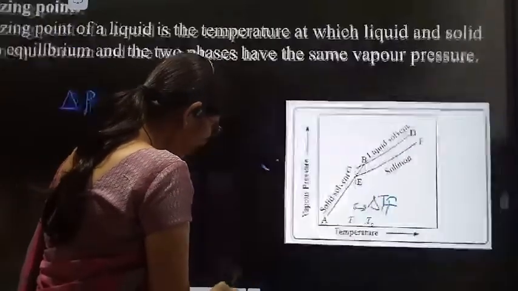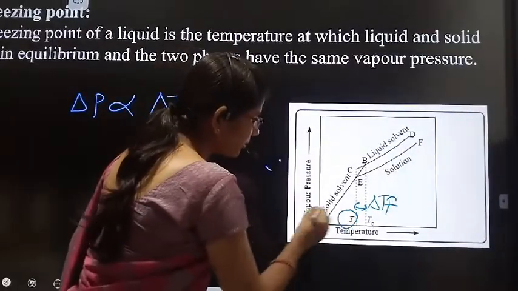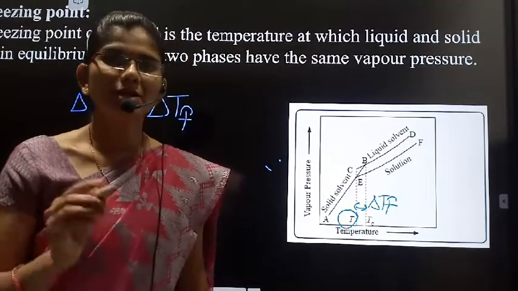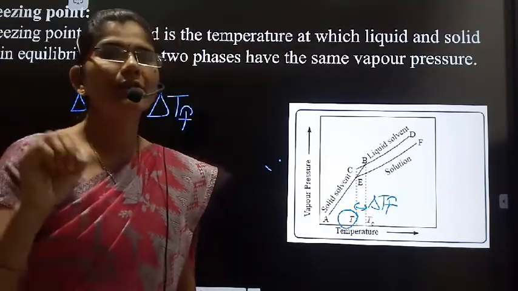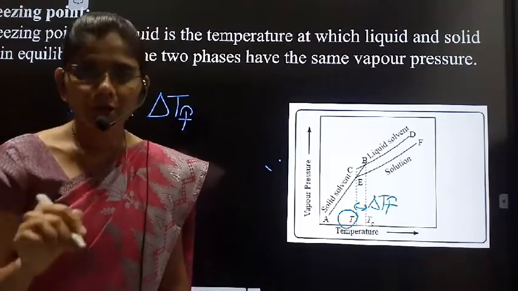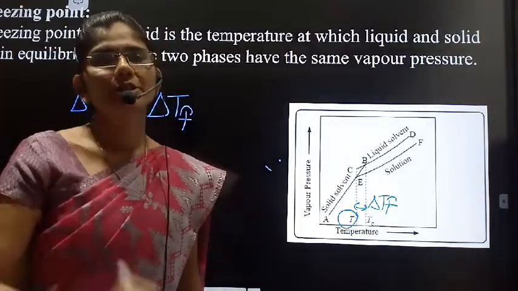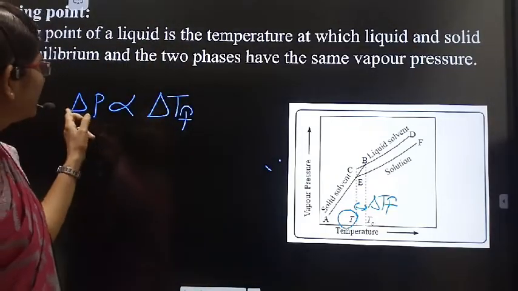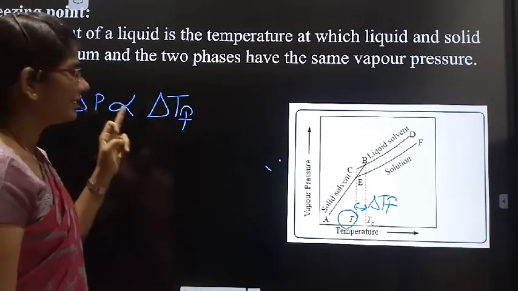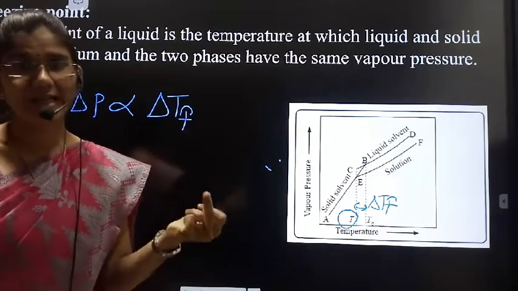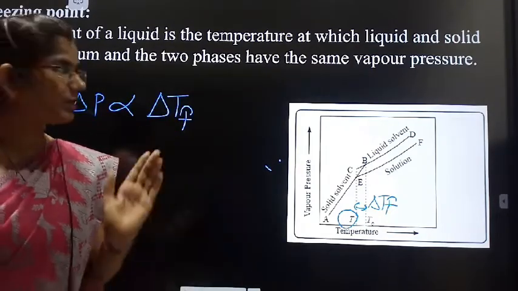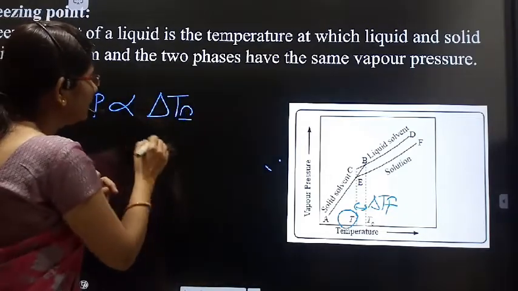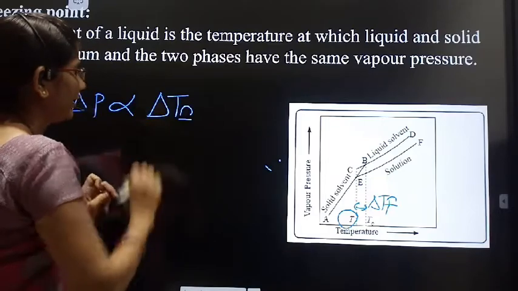That means the freezing point of the solution is depressed when we add a non-volatile, non-electrolyte solute to it. Therefore, from this graph, the vapor pressure has a direct consequence with the depression in freezing point, denoted by delta TF.